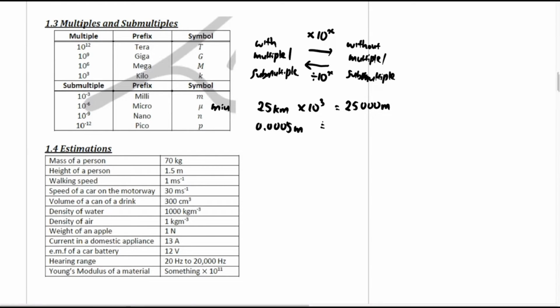I divide by 10 to the power of -3, then it will move 1, 2, 3. So I will get 0.5 millimeter. So times and divide to make the multiple disappear or make it come out.